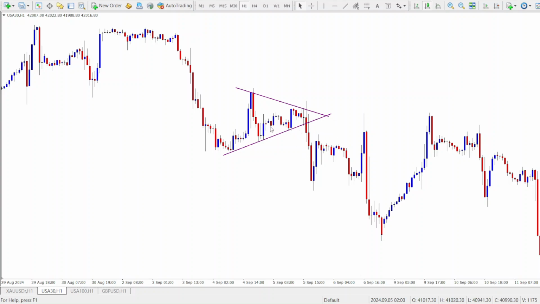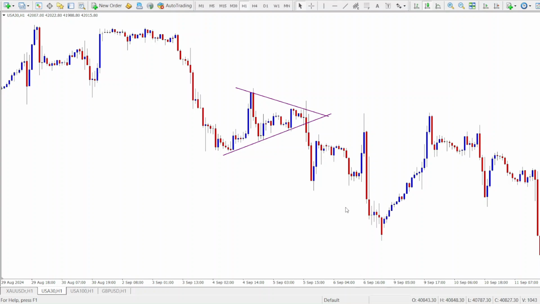Here's what this pattern signals: the sharp downtrend indicates strong selling pressure. The tight consolidation represents a temporary pause where the market is catching its breath before resuming the downward move.